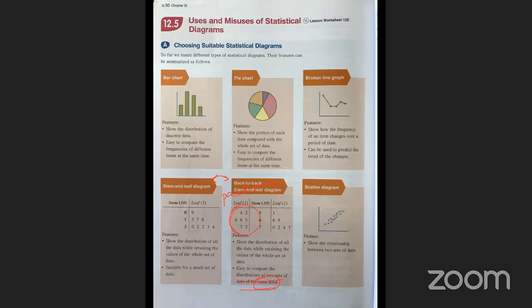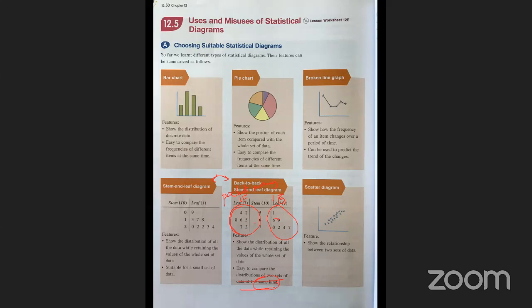This is class 1F, and this one represents class 1G. Then this part must also be showing the pocket money, same kind, then we can compare which class has more pocket money, I mean just on average.